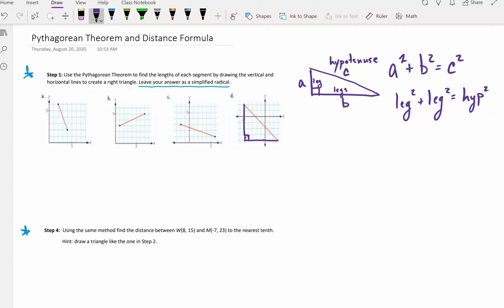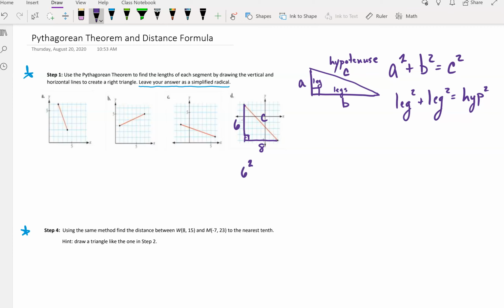So we have 1, 2, 3, 4, 5, 6. I can see a space of 6 from this point to the corner, and it looks like 1, 2, 3, 4, 5, 6, 7, 8, a space of 8 from this point to the corner. So if I want to find my hypotenuse, I can do the following problem.